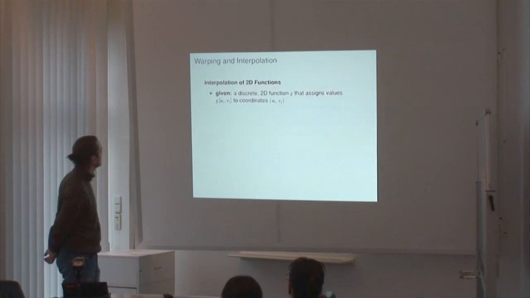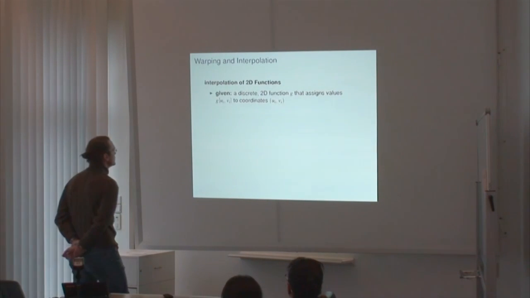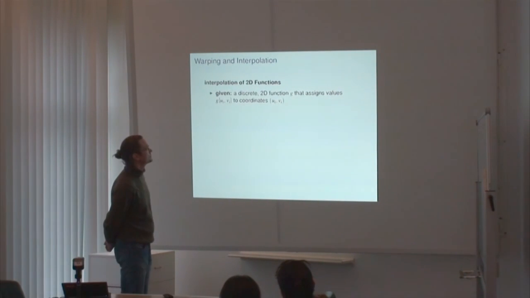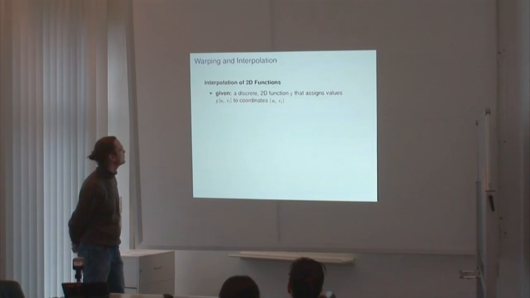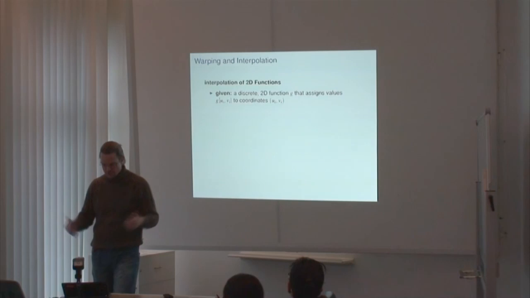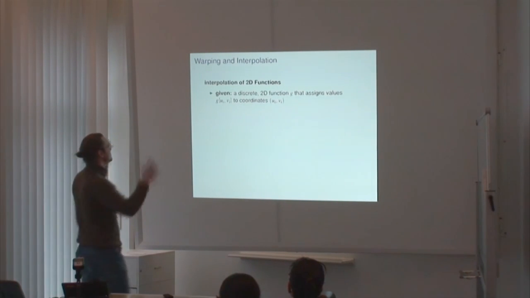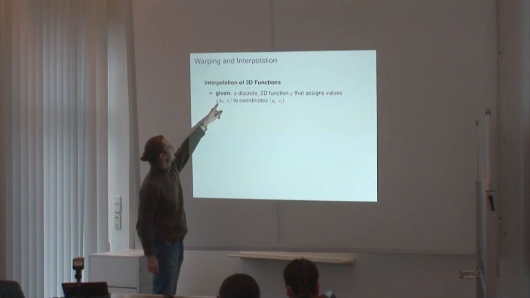So we have to think about interpolation of two-dimensional functions. We are given a discrete 2D function, say g, where for certain parameters ui and vi, we have certain function values, intensity values, say g at ui and vi.